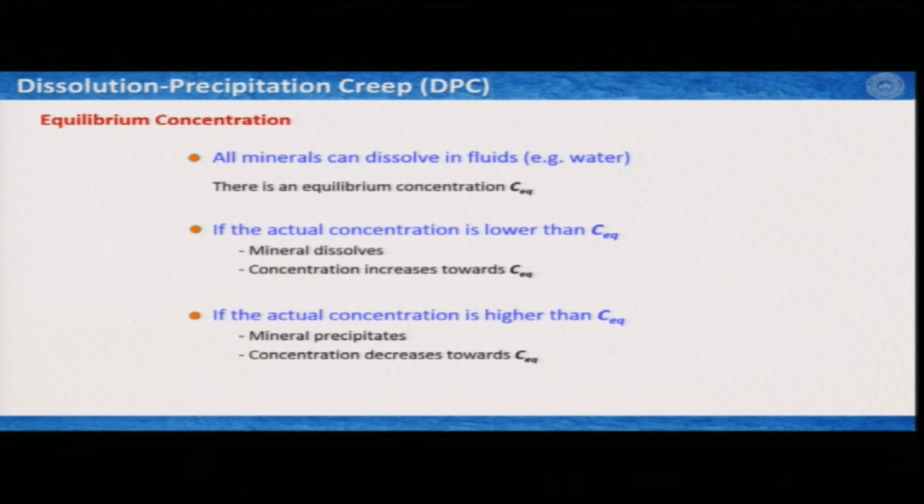Now, if we try to theorize this dissolution precipitation creep, it is important to understand that the solution or the fluid you have in your system must have a concentration less than the equilibrium concentration, so that the materials can dissolve within this, and if the concentration is high, then the material would not dissolve into it further, rather it would precipitate.